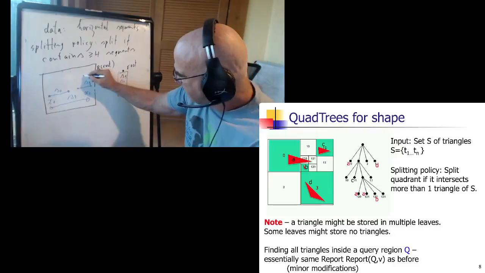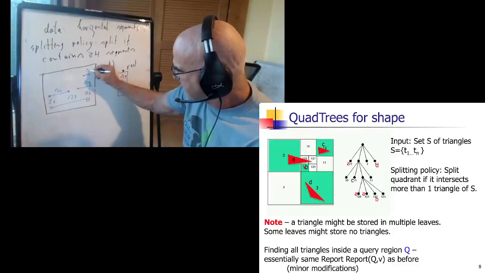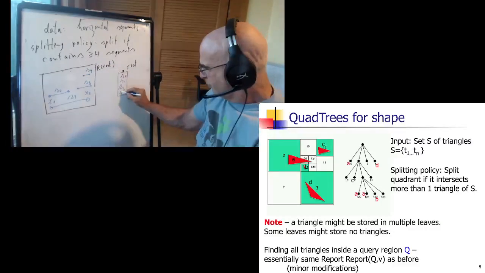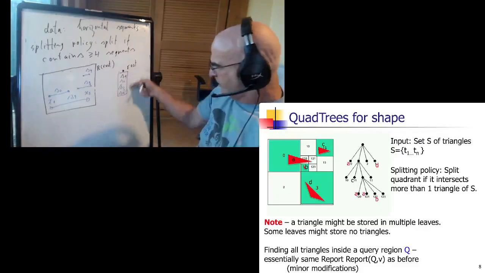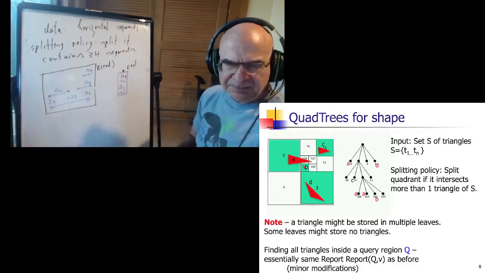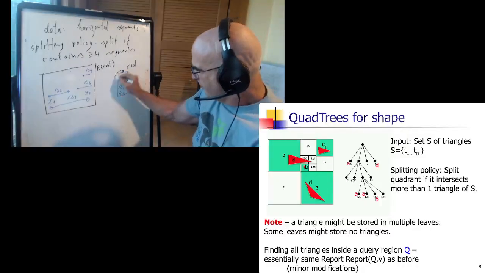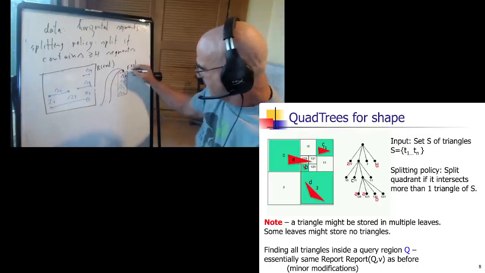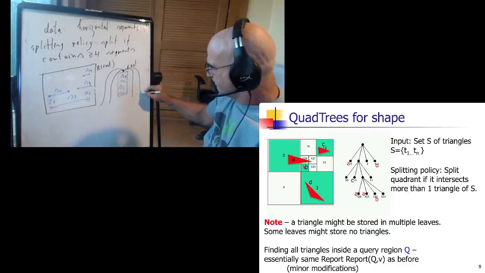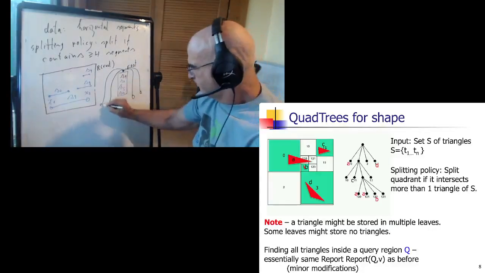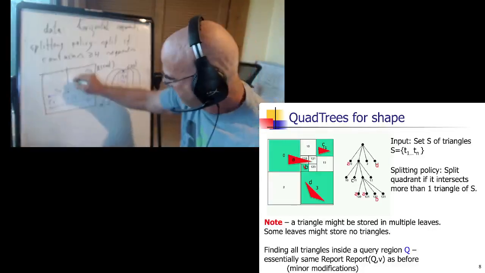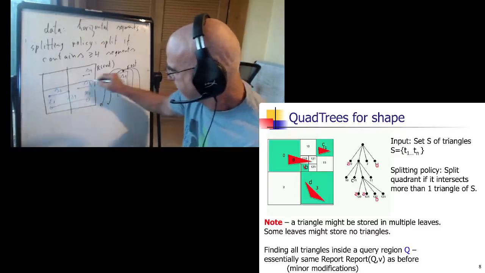And now let's insert S4. So temporarily you can have 4 segments, but at this point the root realizes that there are too many segments, so we are going to split the root into 4 children, and of course split the quad tree accordingly.